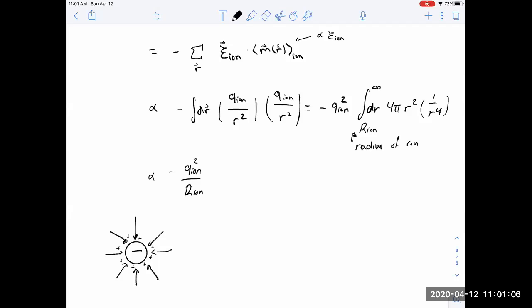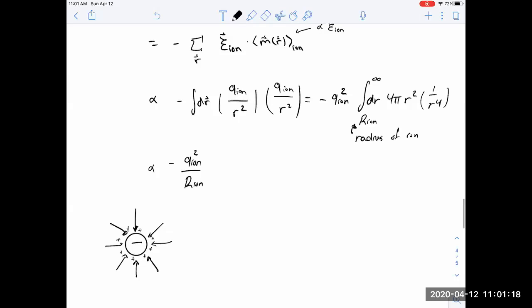Now, because those dipoles don't align exactly, they don't bring up a full amount of effective charge, the actual response isn't quite as strong.